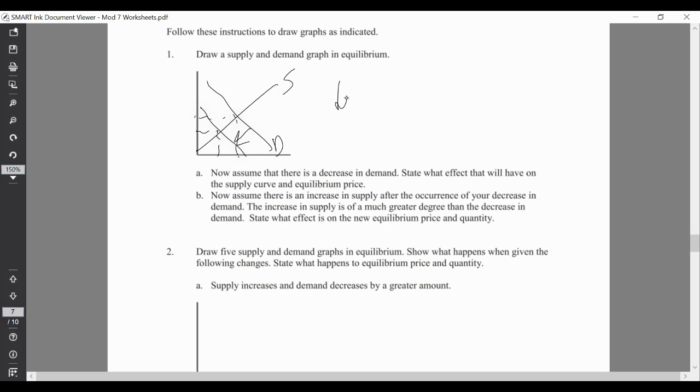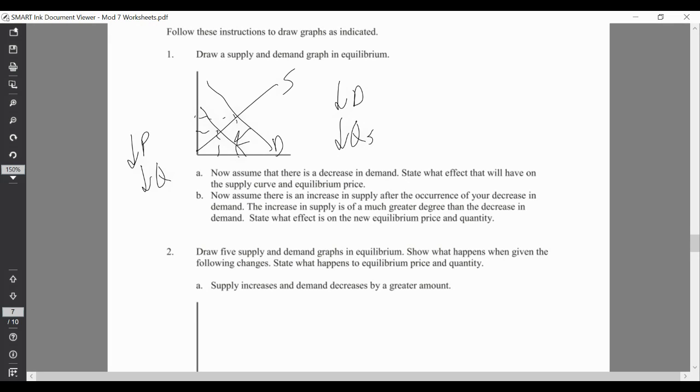We know that we have then a decrease in quantity supplied, and we see a decrease in the price and a decrease in quantity. So we'll have the new demand curve. Quantity supplied will decrease. Equilibrium price, equilibrium quantity will fall.